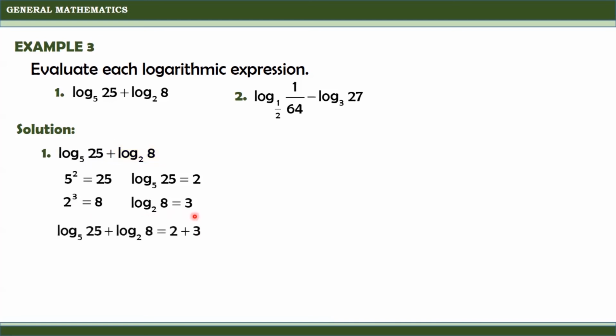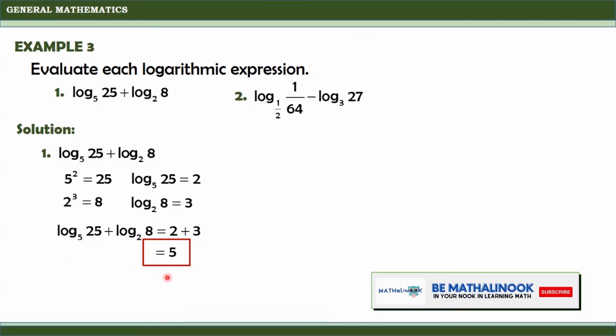With this, the expression logarithm of 25 to the base 5 plus logarithm of 8 to the base 2 is actually equal to 2 plus 3. Simplifying 2 plus 3, we will have 5. Therefore, the expression is actually equal to 5.